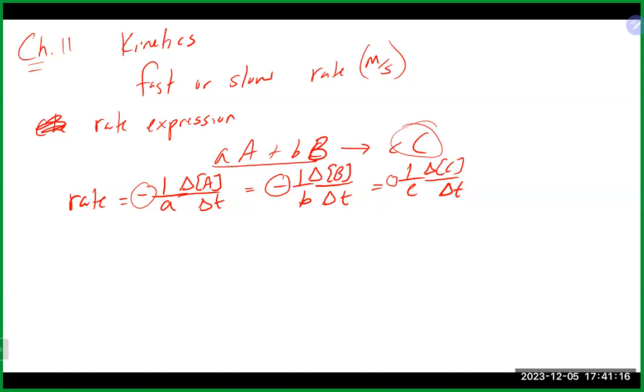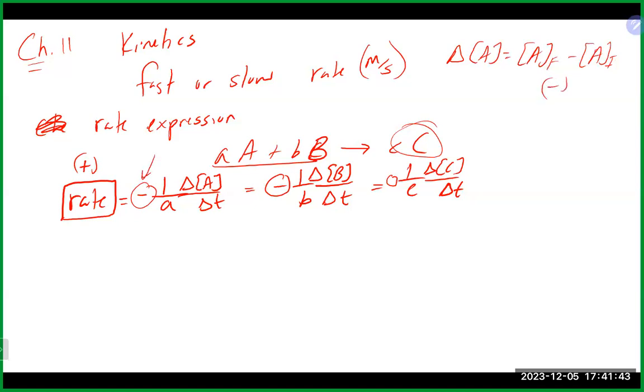The deal here is typically when you calculate the rate, which is the average rate, that is usually a positive number. So when we do something like the change in the concentration of A, which is our reactant, because it's decreasing with time, that means when we take our final concentration of A minus our initial concentration of A, our final is going to be less than our initial concentration, which will give us a negative number for that change.